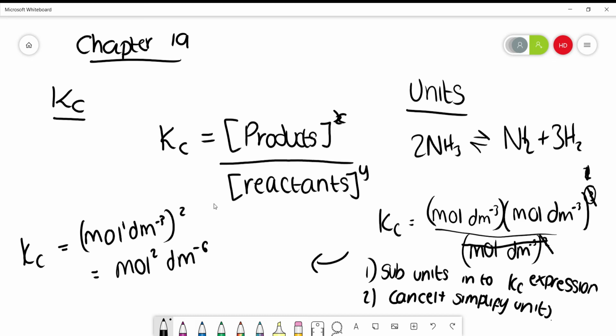Then we're now going to talk about homogeneous and heterogeneous equilibria and calculating Kc when you're given equilibrium moles.